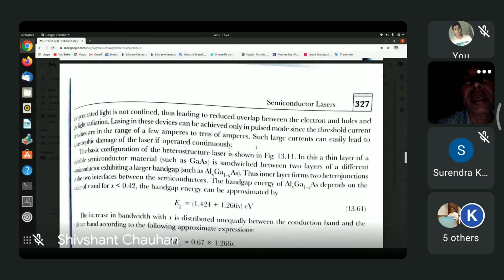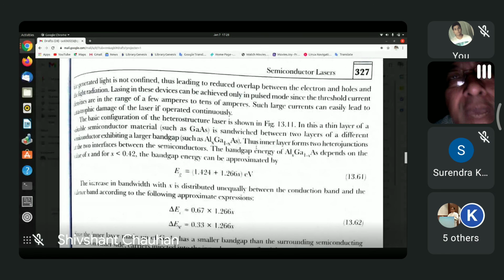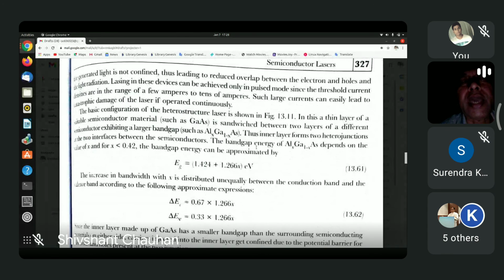Okay. If I scroll down, here they have given the values of band gap as a function of the relative proportion of aluminium in aluminium gallium arsenide. If you write the composition as Al_x Ga_(1-x) As, then the band gap depends on x in that sort of fashion. If x is 0, that is, there is no aluminium, then the band gap is 1.424. This is the band gap for pure gallium arsenide.